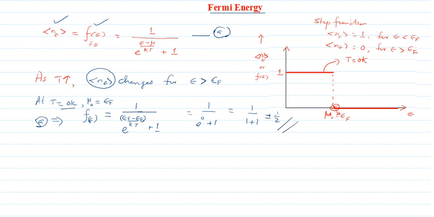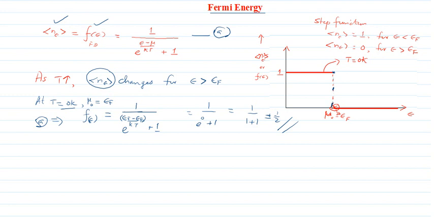So what does it mean? It means that at T equal to 0 Kelvin, this graph is shown here up to just below EF. At E equal to EF, what happens is that immediately it comes back down like a square wave function.